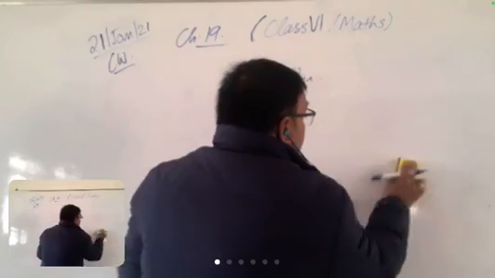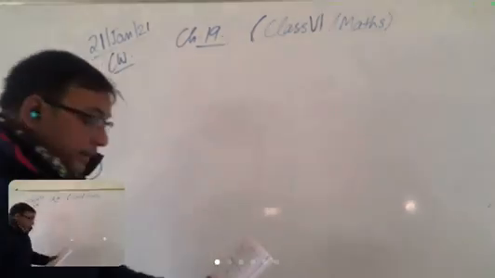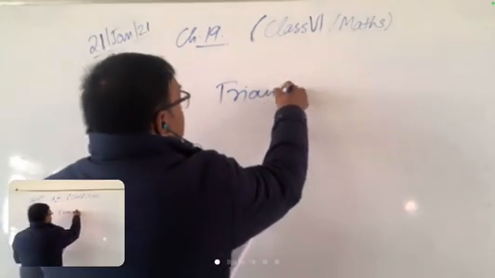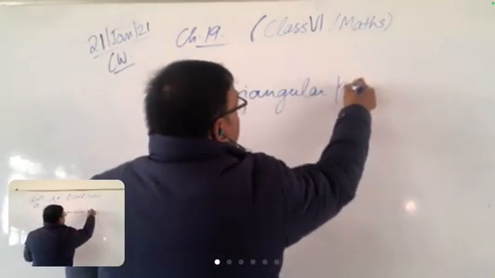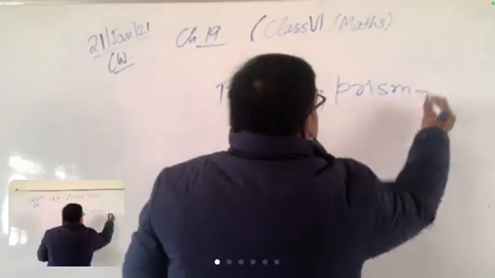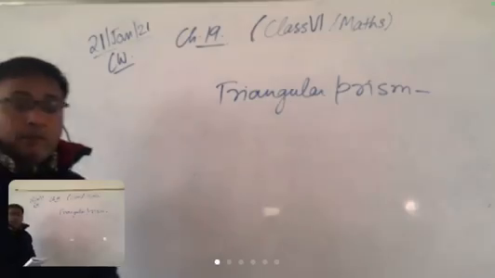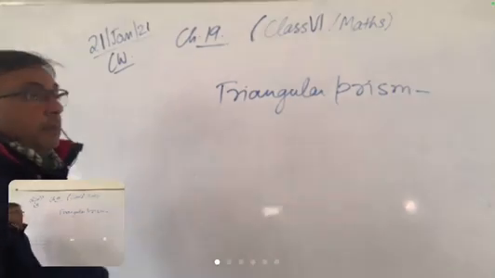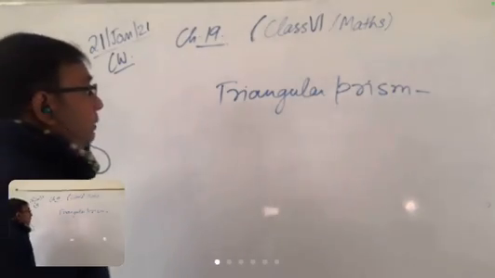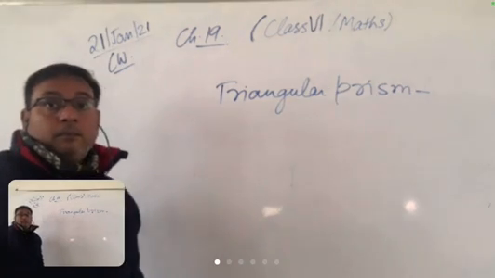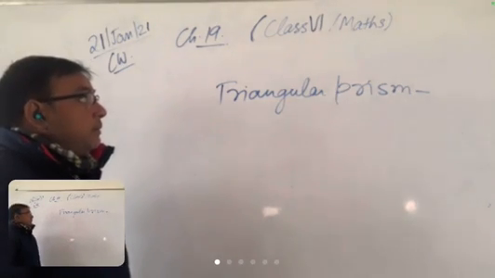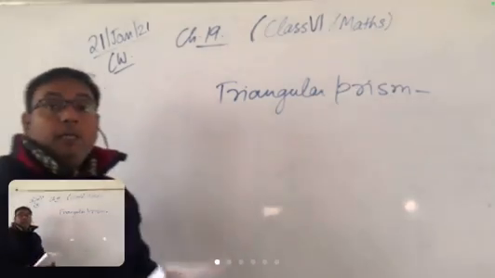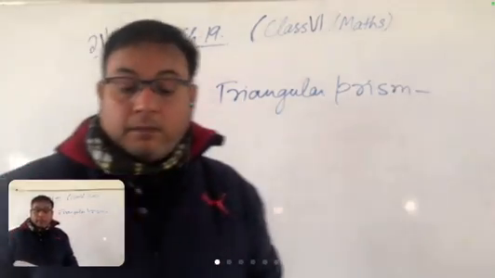Now the next is triangular prism. Triangular prism. Who was not told? Okay, fine, after this I will tell. So first check the triangular prism. How many number of faces in triangular prism?